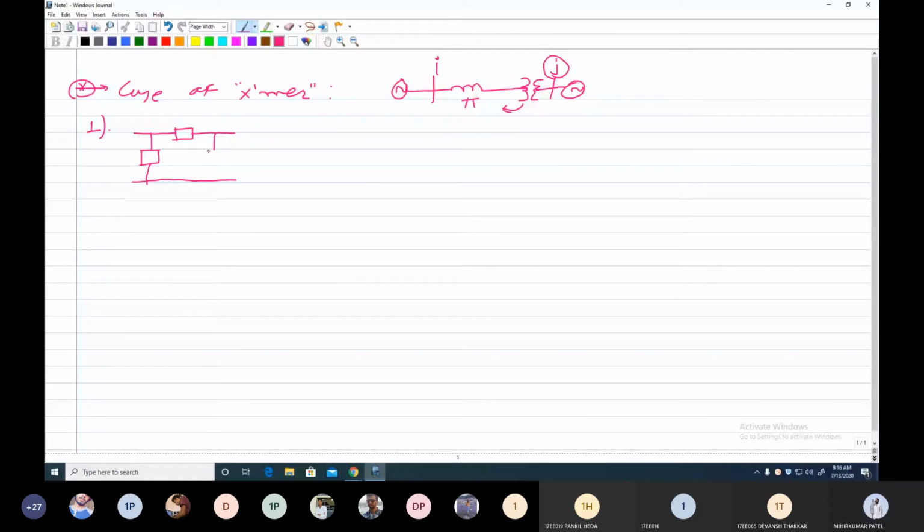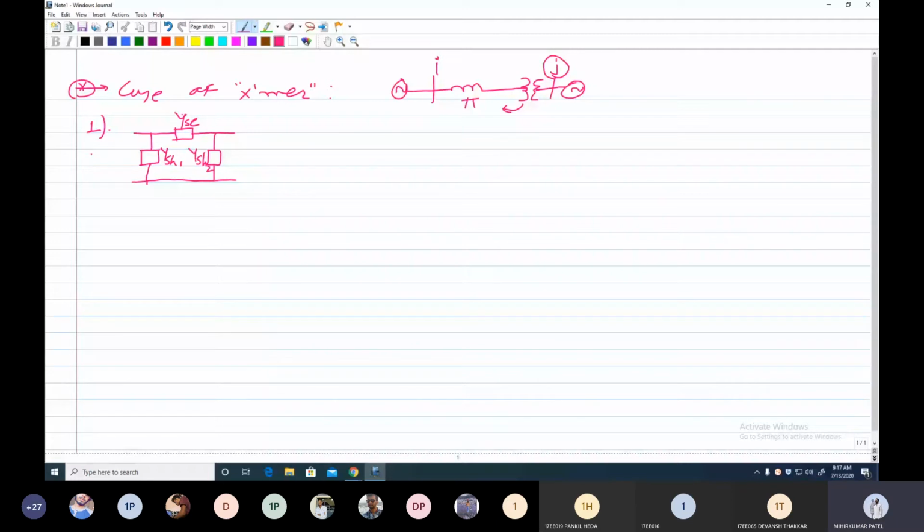So the equivalent circuit for such type of network is this. In this case, you have one series element and two shunt elements, YSH1 and YSH2.